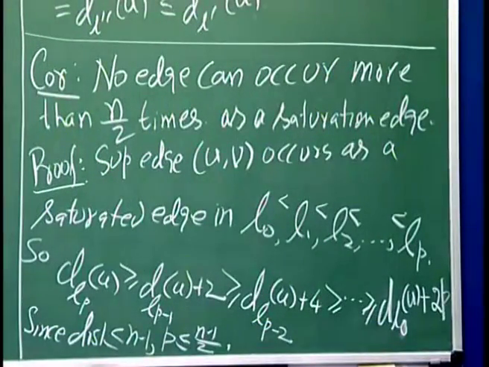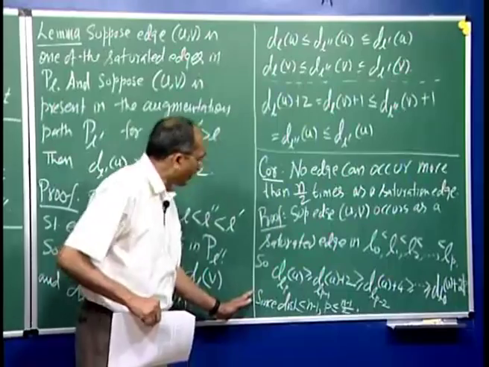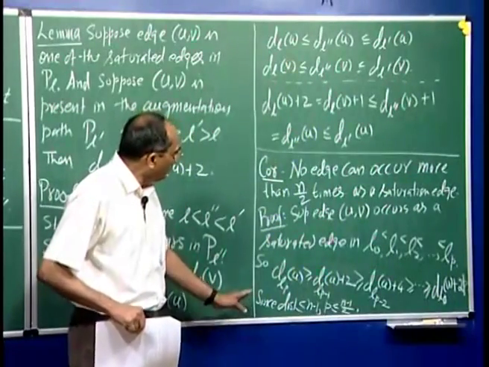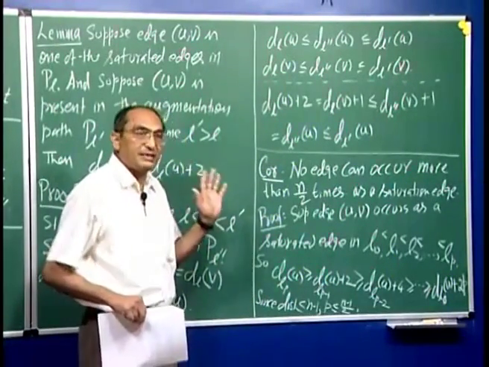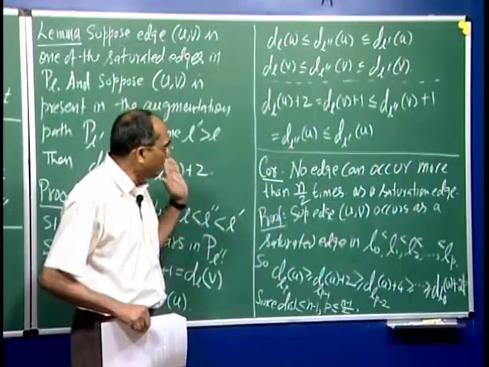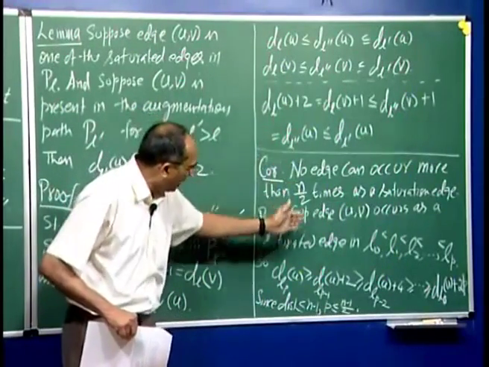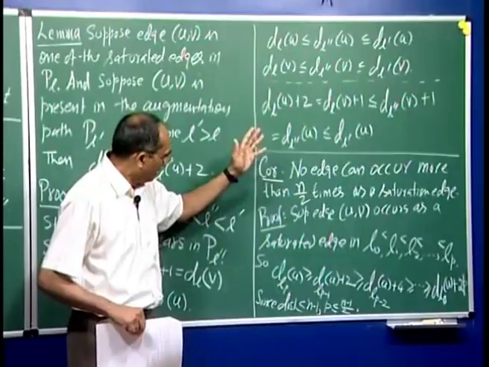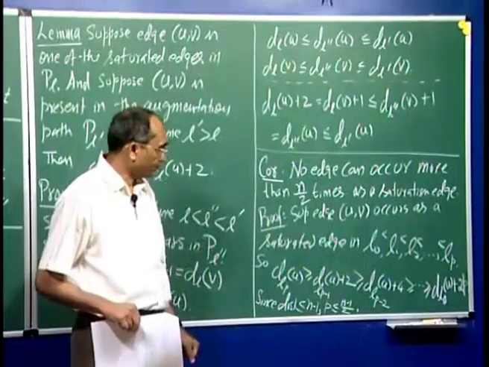What this result does is that it puts a bound on the number of times a particular edge can occur as a saturated edge in different iterations, in different augmentation paths.